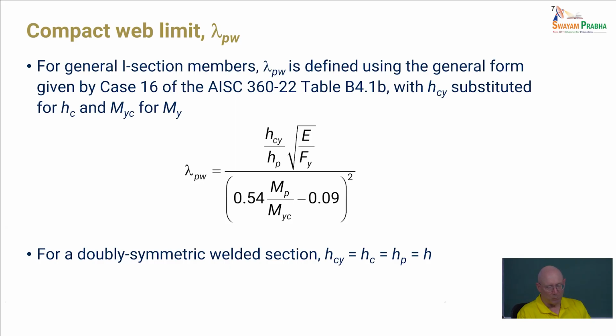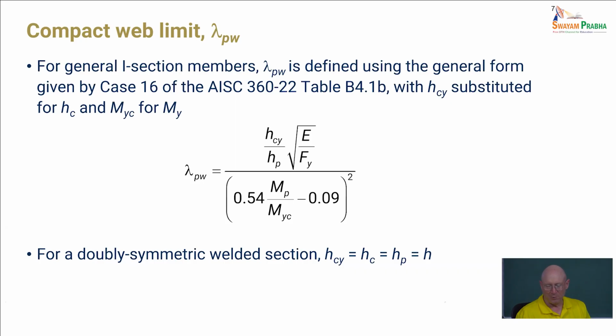The compact web limit is a function of the ratio of plastic moment to yield moment. For doubly symmetric sections, that ratio of HCY to HP becomes 1, and so the equation simplifies.